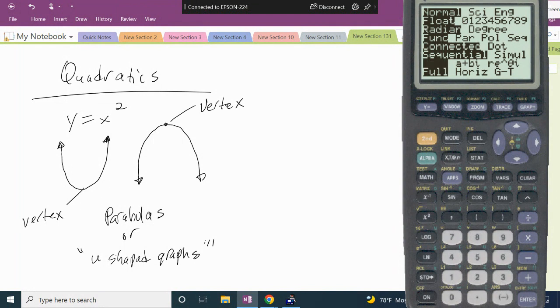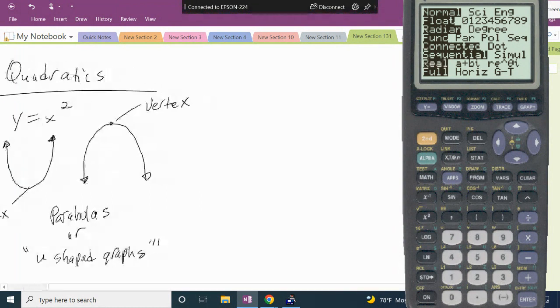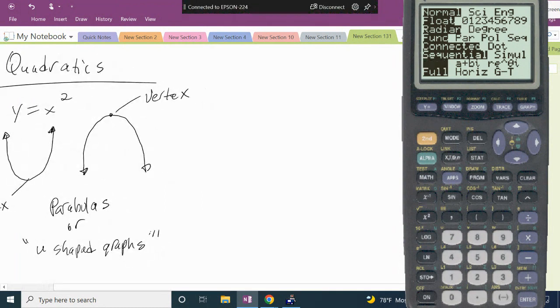So you're going to be asked to locate the coordinates at which these parabolas bend. We're going to look at a couple of methods to find the vertex.